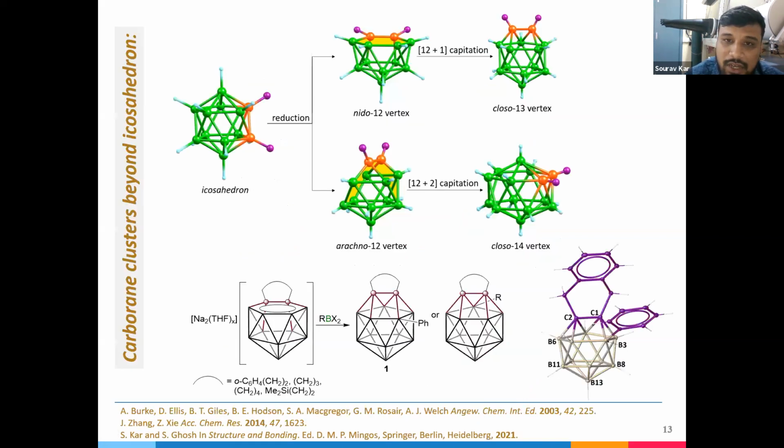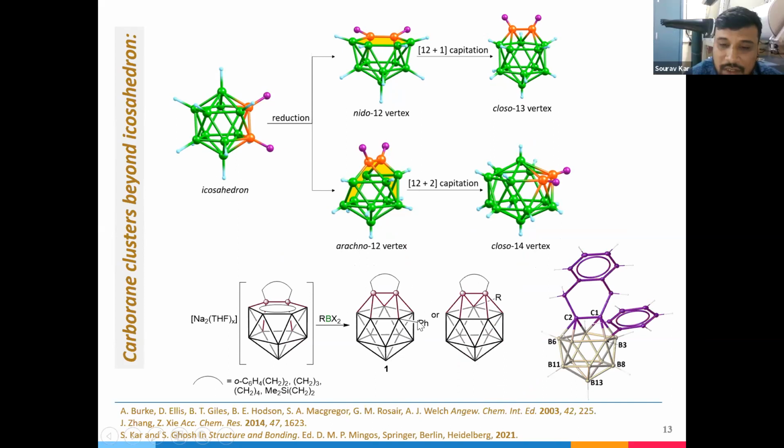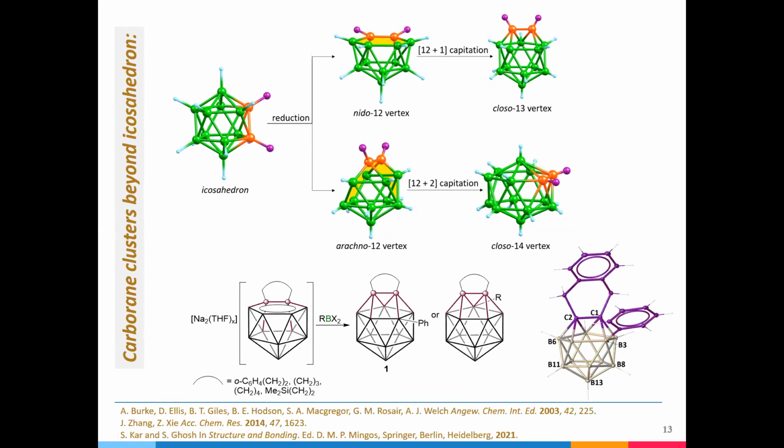So what about carboranes? Very recently, in the year 2003, Alan Welch isolated for the first time a 13 vertex carborane, utilizing the same reduction and capitation methodology. But this 13 vertex structure has a geometry of a henicosahedron, which is different from that proposed by Lipscomb and Zeiler.